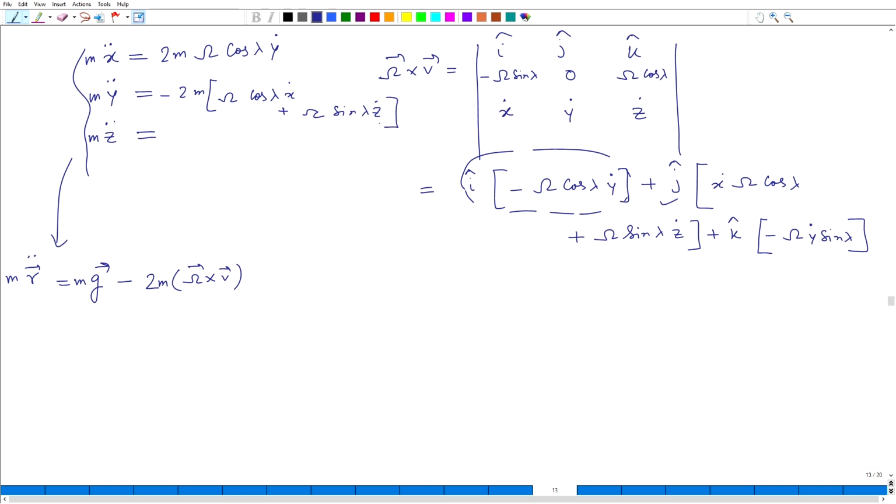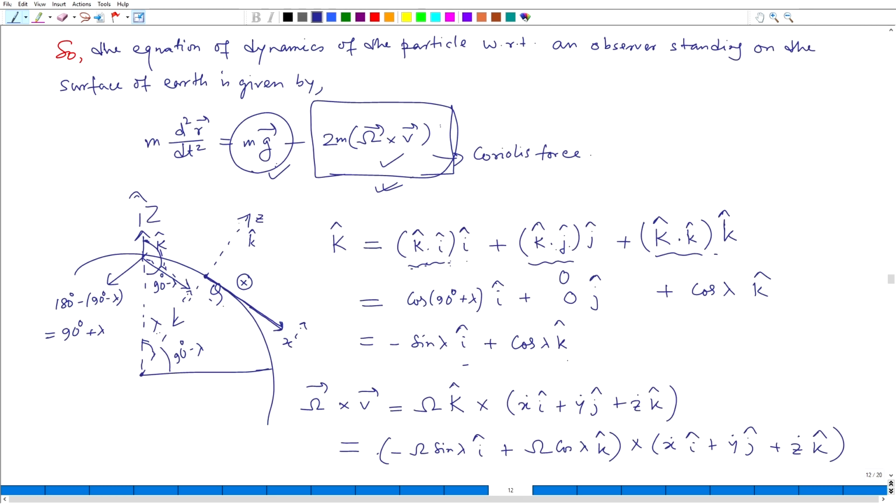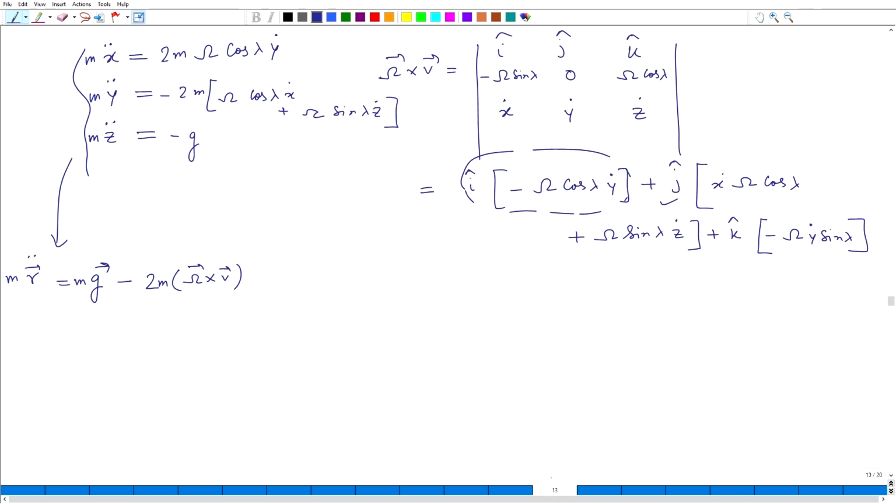And finally for z double dot you will have minus g. The small z direction and the capital R cap direction are the same. So you will have minus mg and plus 2m omega sin lambda y dot.